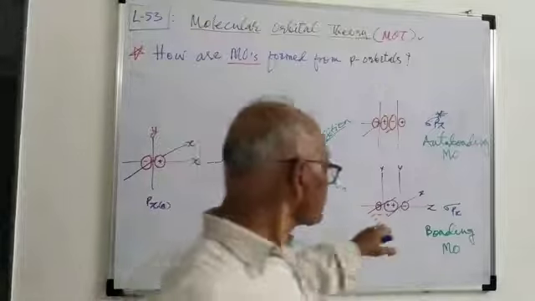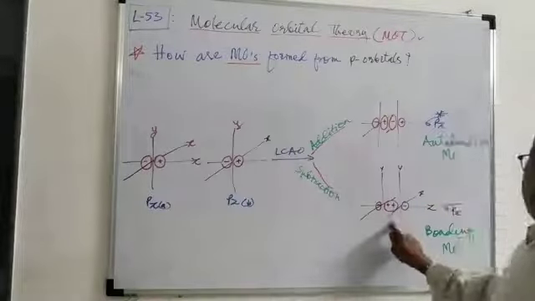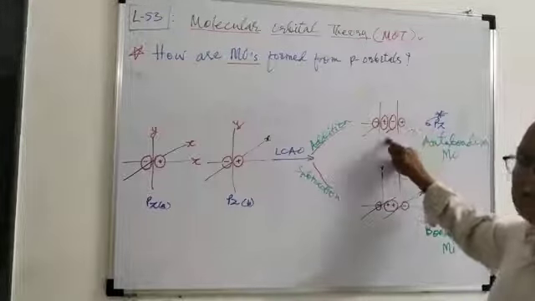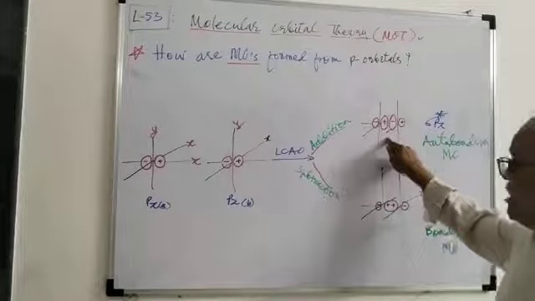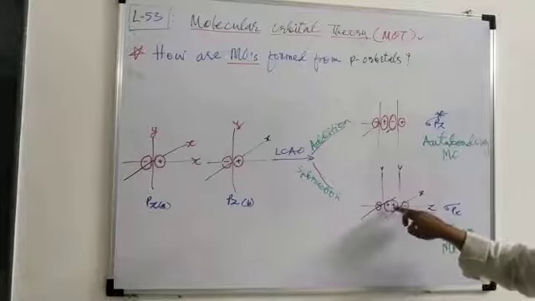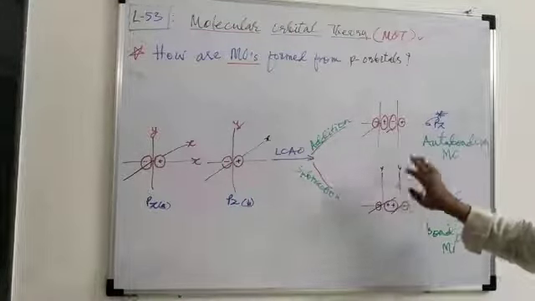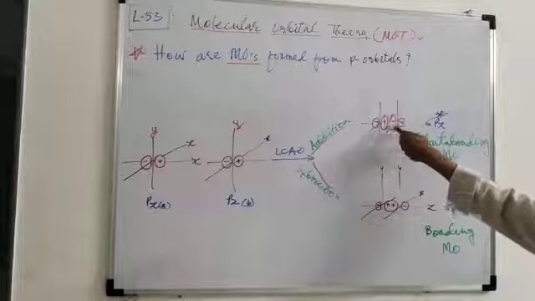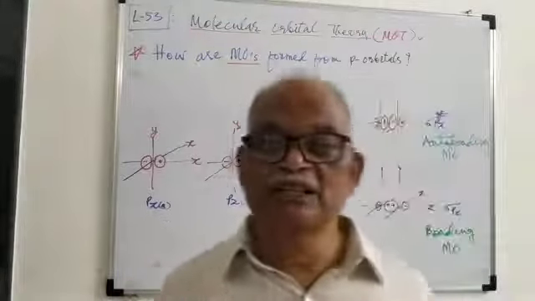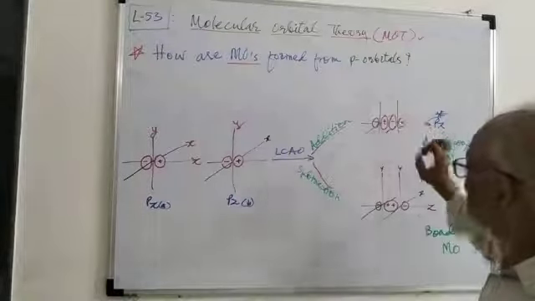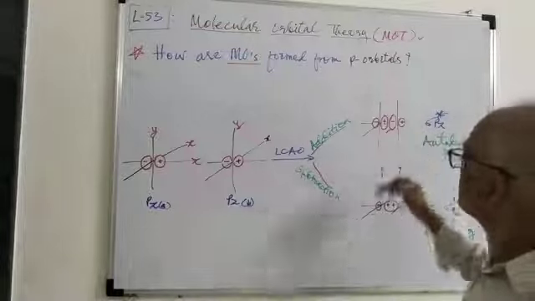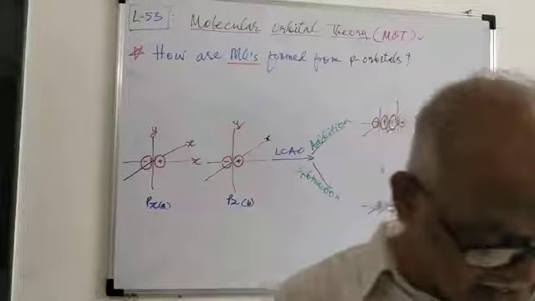So this strengthens the bonding effect, whereas this, because of repulsive forces, weakens the bonding effect, or whatever bonding effect is created by these electrons or electron cloud here is cancelled by the repulsive forces existing between these antibonding molecular orbitals. So in this way we can understand how the bonding molecular orbitals are formed.